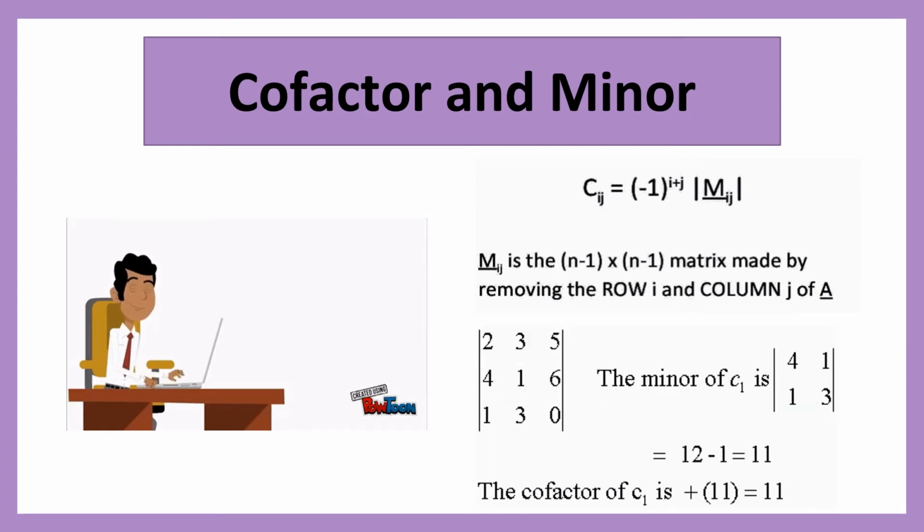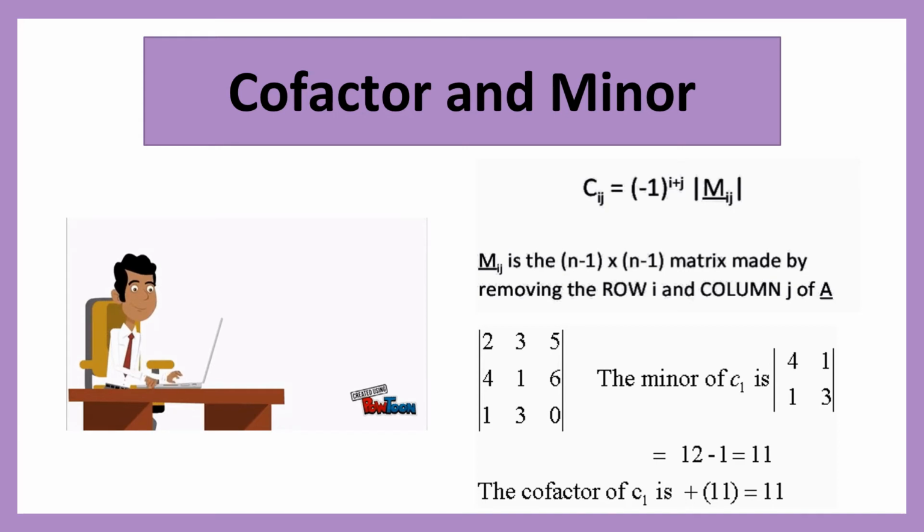By the minor of an element of a determinant, we mean the sub-square determinant of the given determinant in which the particular element Aij does not exist. This is obtained by deleting the row and the column on which the particular element Aij lies.